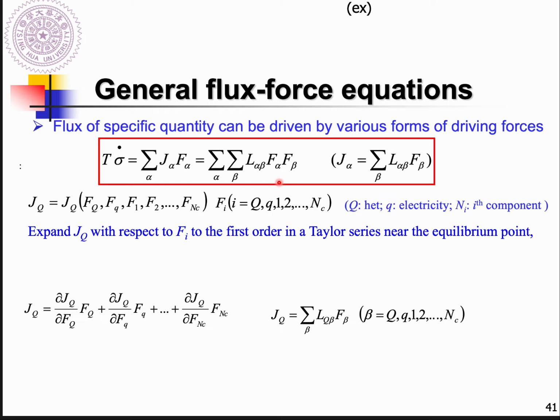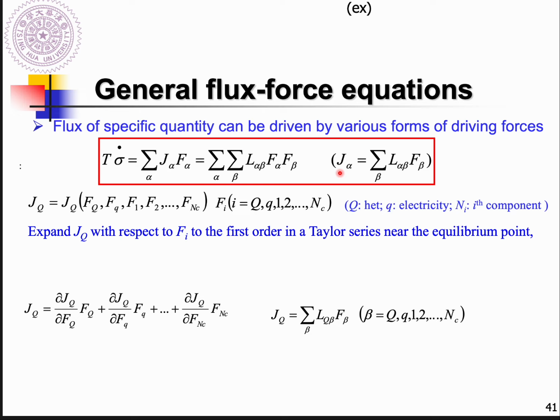And in this part, we haven't had the chance to explain more about this coefficient L alpha beta. And as you know, beta can be alpha, so here we have L alpha alpha and we have L alpha beta. This term we call the coefficient. And how to get from here to here is the most important part.